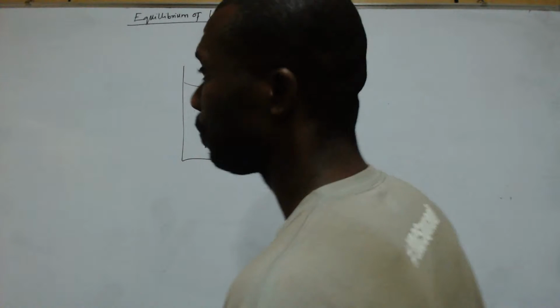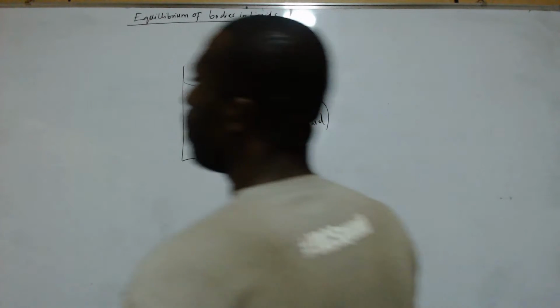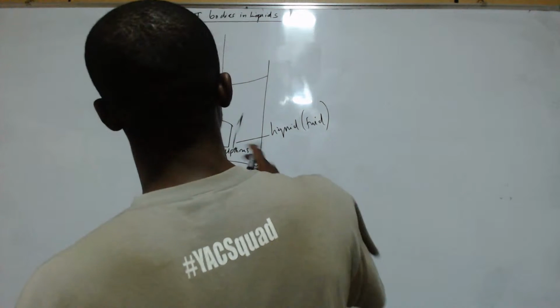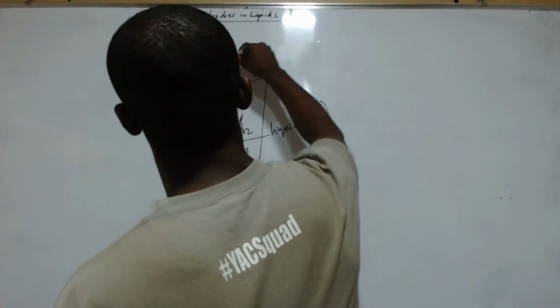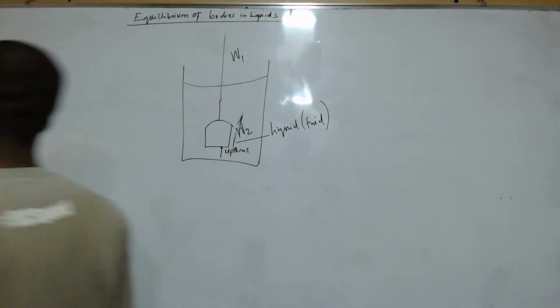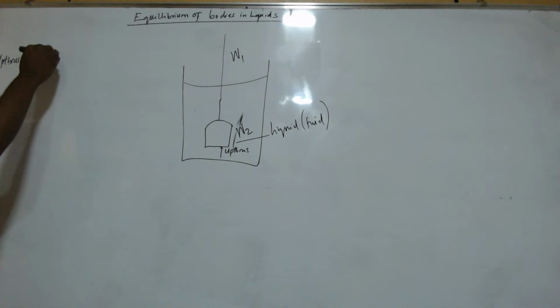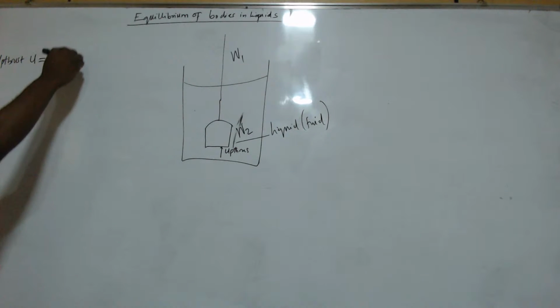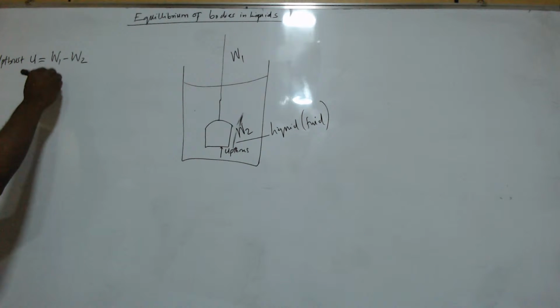Now, if the weight of the bucket in water is W2, and the weight of the bucket in air is W1, therefore upthrust U will be equal to W1 minus W2.